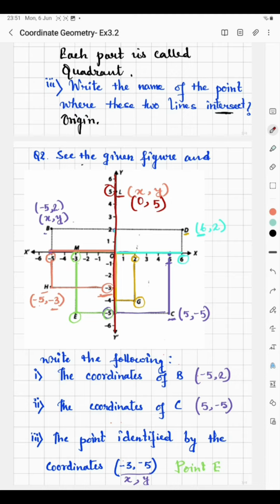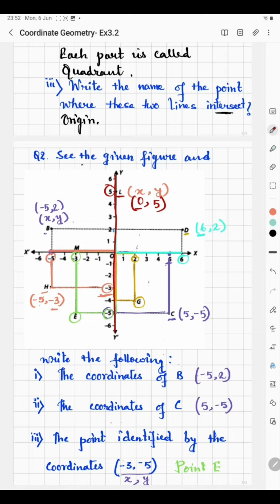Always remember one thing, the value of x on the y-axis is 0. Since L lies on the y-axis, that's why the value of x will be 0.